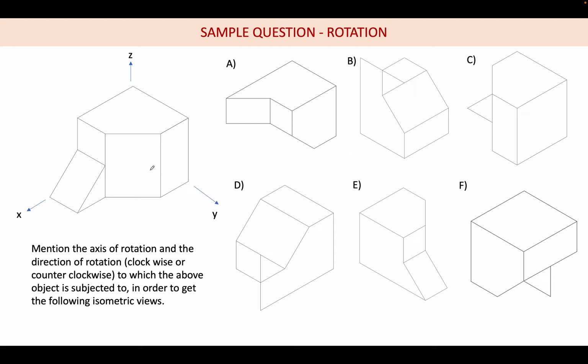Before going into it, I have to say one thing. If you are rotating about y, this will be your rotation, correct? Or it could be like this, if it is clockwise or anti-clockwise. If x, it will be like this. If z, it will be like this.